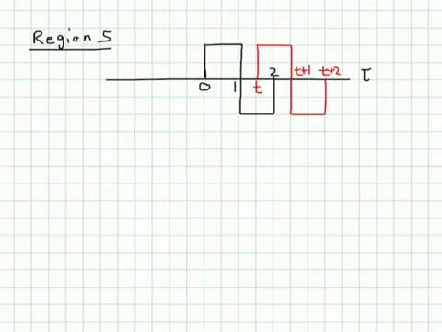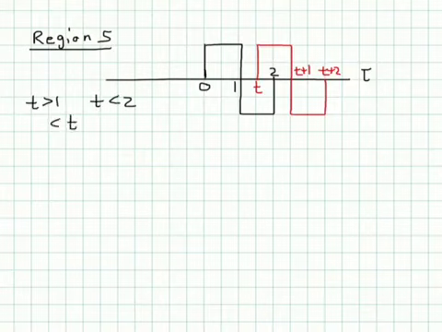Okay, so now region 5. I've done the sketch here, and the region is defined now. t is greater than 1, but t is also less than 2.